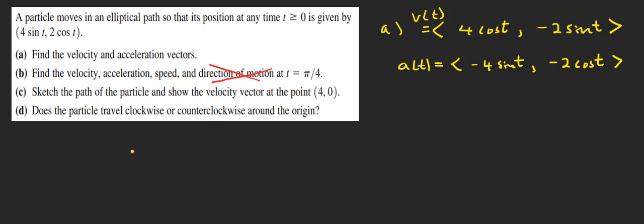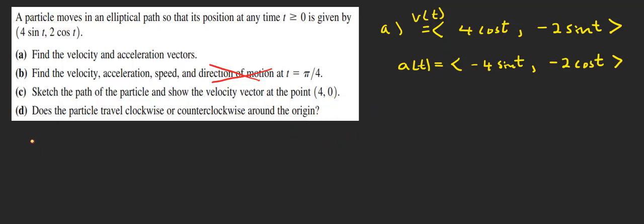Now part C says sketch the path of the particle. That's pretty easy because we're going to use the graphing calculator. And it says show the velocity vector at the point 4, 0. Now we have the velocity vector over here, but they want us to show the velocity vector at the point 4, 0. So how do we know what t is? Let's go back to the position.